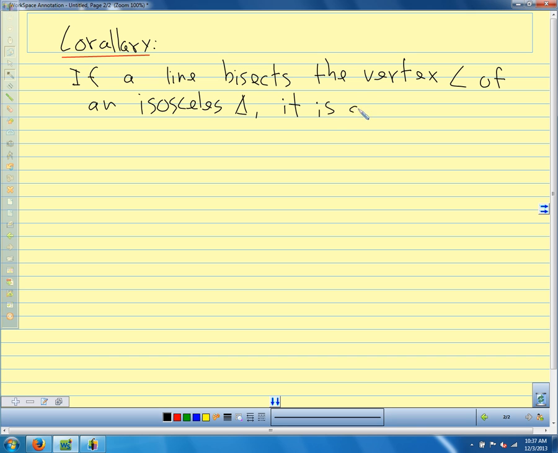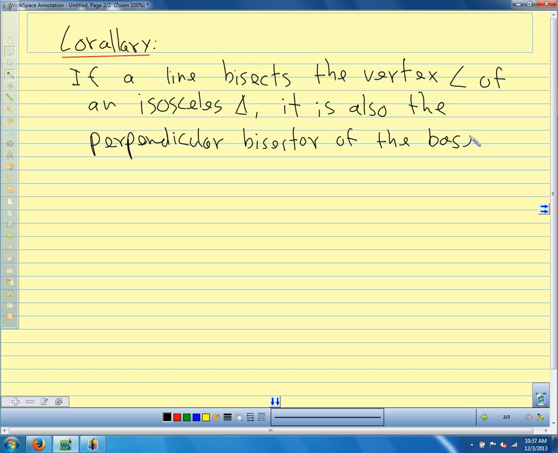It is also the perpendicular bisector of the base. So perpendicular means what?